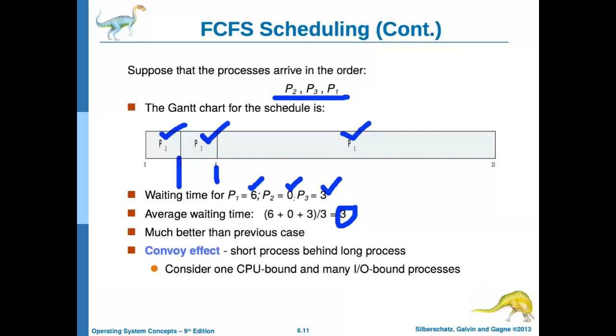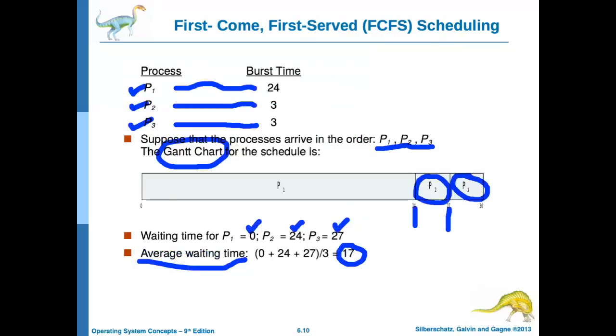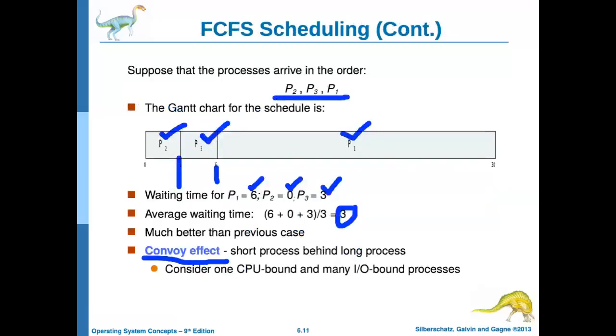Which effect? Where short processes, in the previous example P2 and P3, are behind a long one. P2 needs just 3 time units and P3 needs 3 time units, while P1 is a long process which needs 24 time units. Definitely they suffer, and this effect is called the convoy effect.